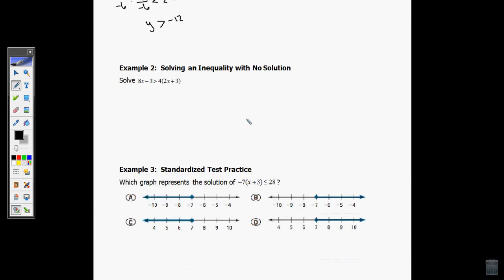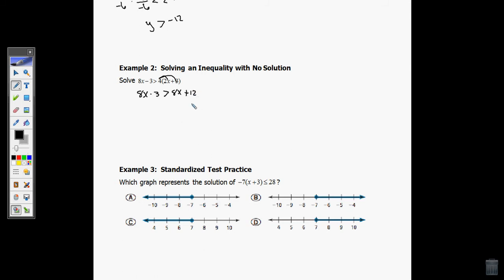Alrighty. Example 2. This one's going to be a little bit different, a little bit weird when it comes out, but it's going to be a lot like a case that we did when we were studying distributive property and multi-step equations earlier. So the first thing I'm going to do is distribute. 8x minus 3 greater than, and then I'm going to distribute 4 to the 2x, so that's 8x, and 4 to the 3, which is going to be 12.